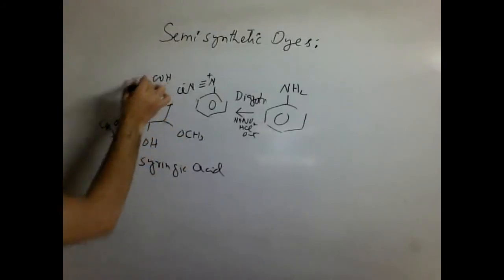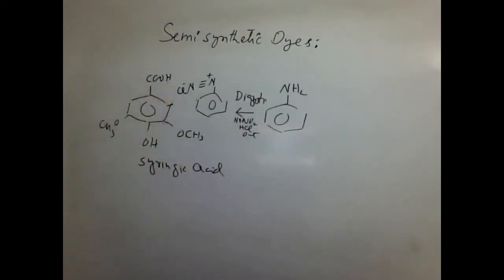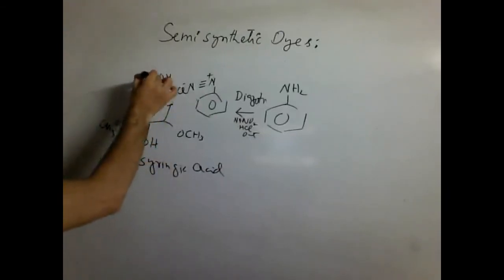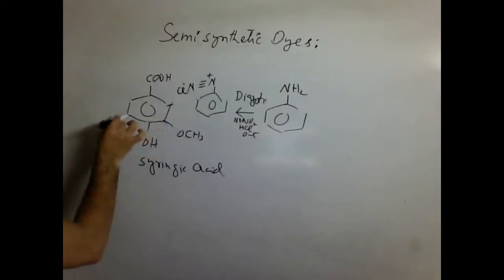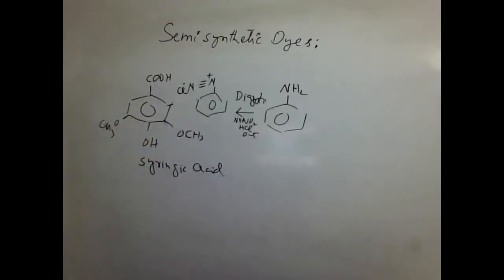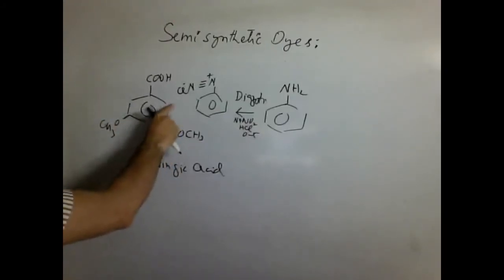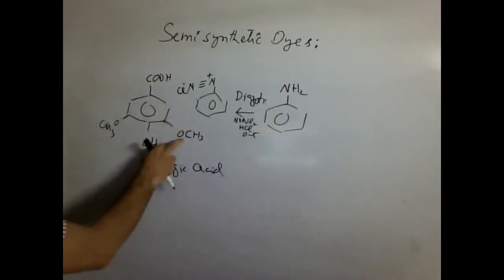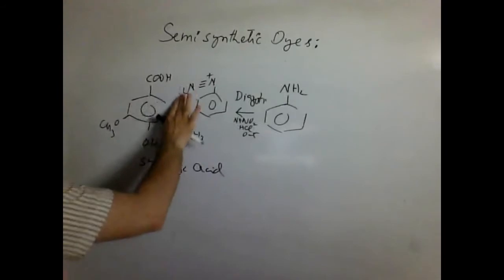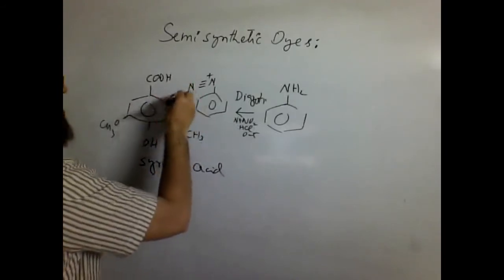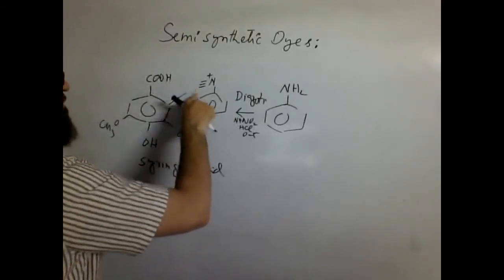And this is an electron withdrawing group, so it has the ability to direct the incoming group to meta, but both of the metas are already filled. So what is available, the best place seems to be this one, ortho to this one, para to this one. So it would have coupled over here, giving us this sort of product.